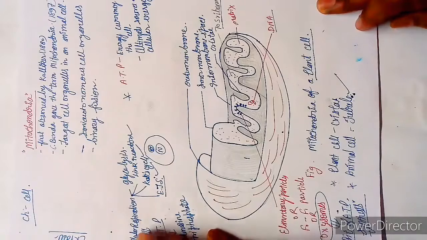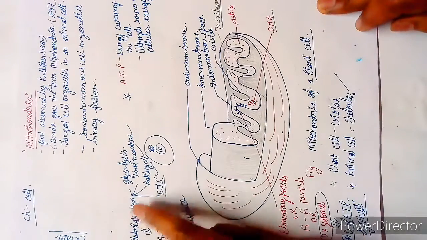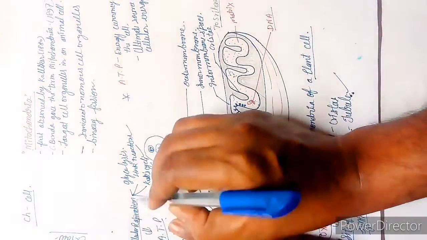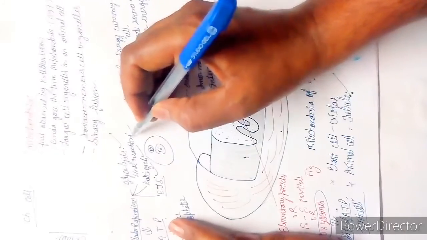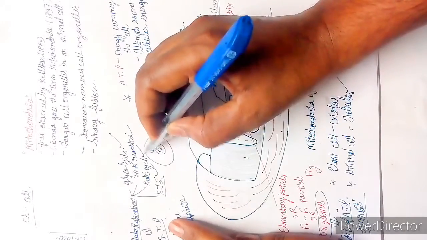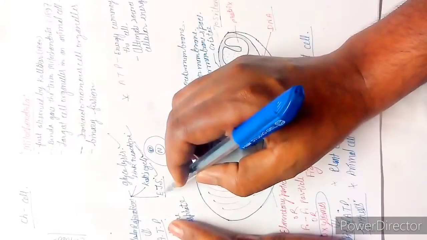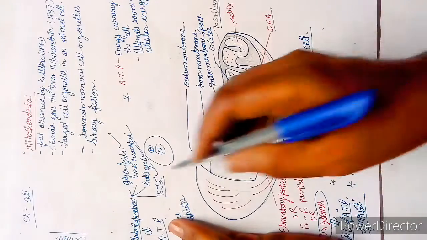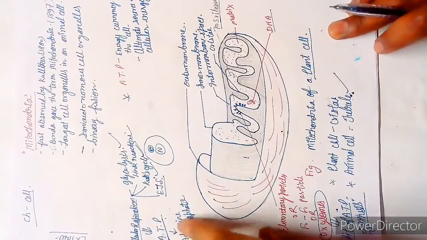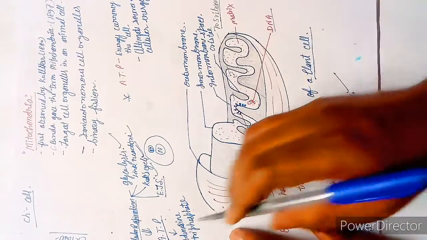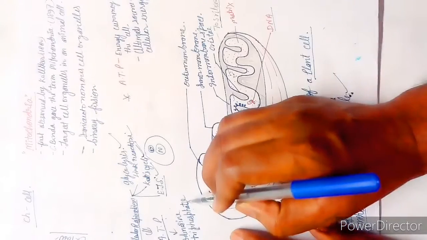First is breathing, second is cellular respiration. And this cellular respiration is again divided into four steps. First is glycolysis, next is the link reaction, next is the Krebs cycle, and the last one is the electron transport system. Okay students, and by this process overall ATP is synthesized. ATPs are formed. And the full form of ATP is adenosine triphosphate.